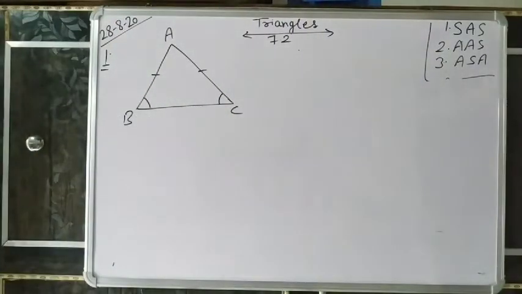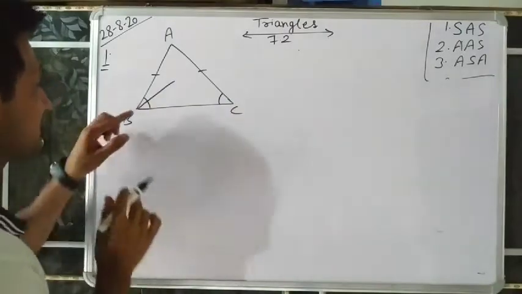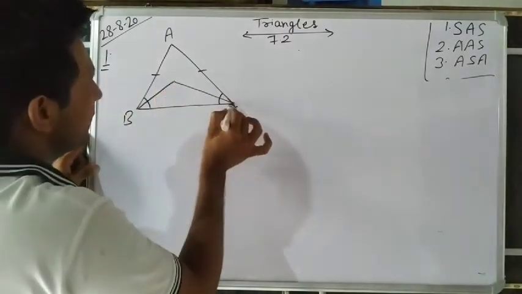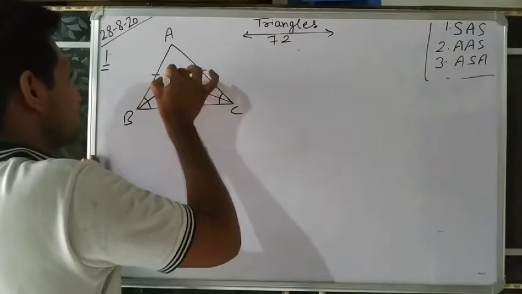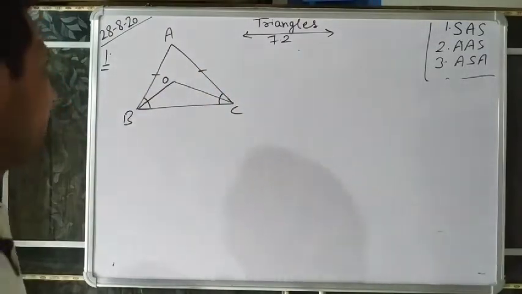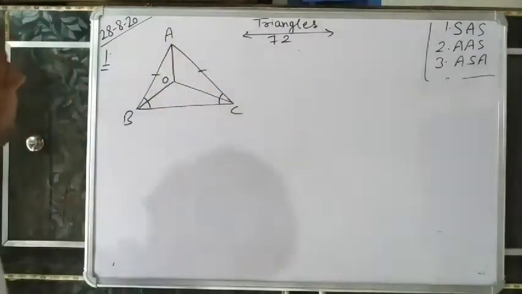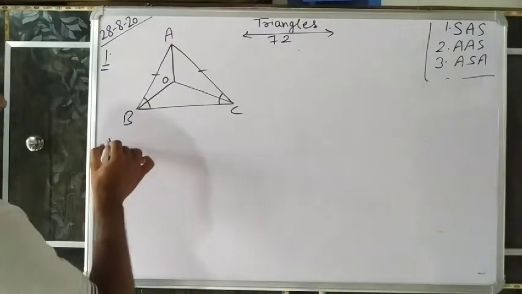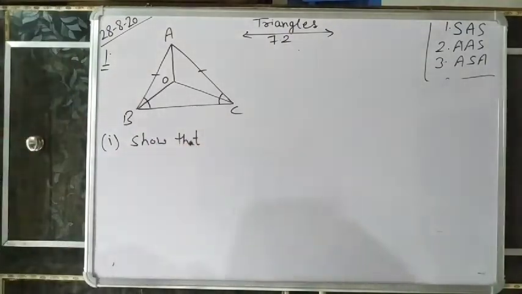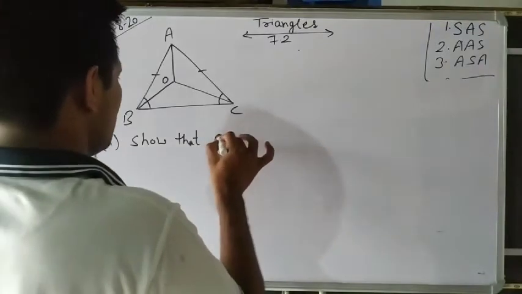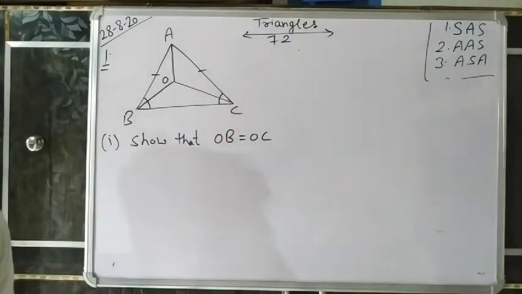The bisector of angle B and the bisector of angle C intersect each other at point O. So they join at O. Next is join A to O. We join A to O. Then first part: show that OB equal to OC.